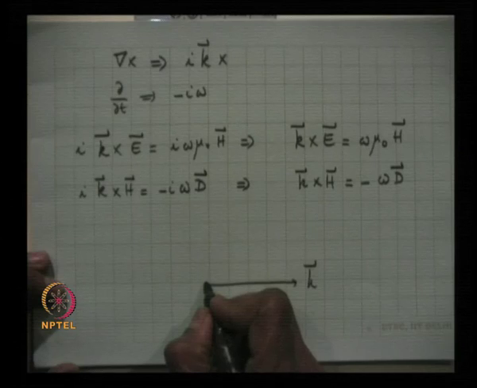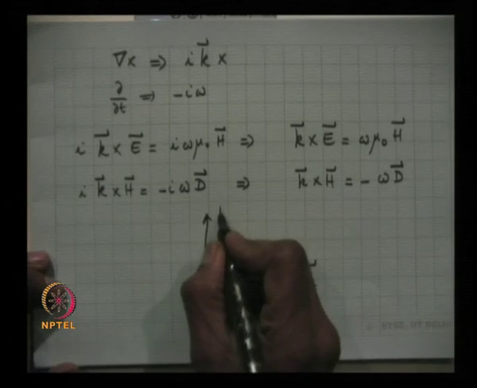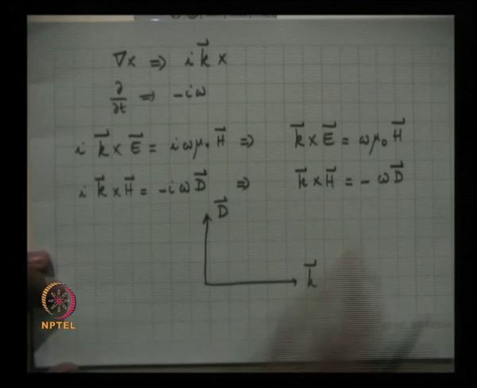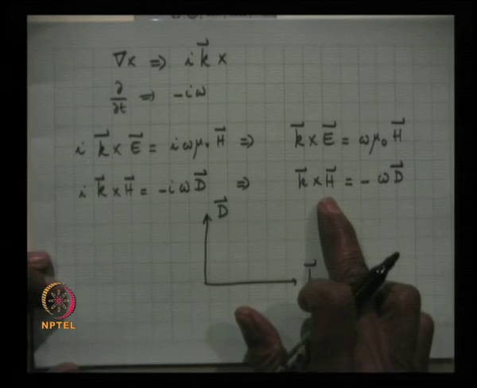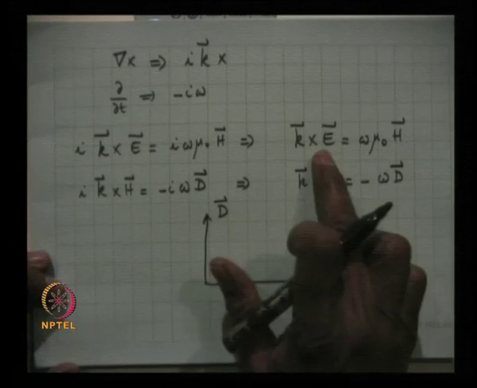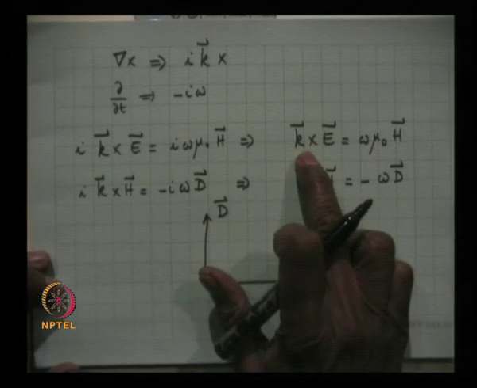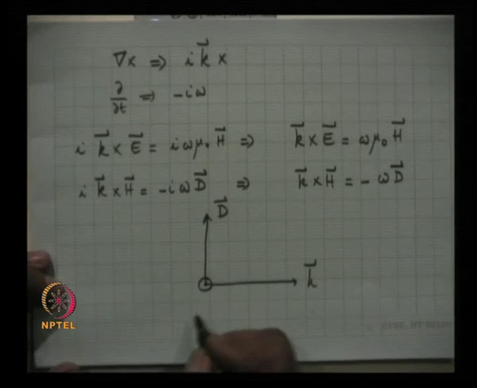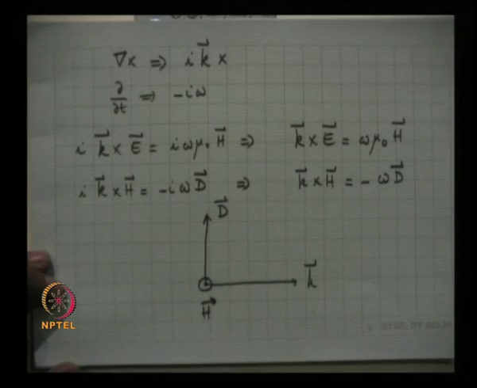So, let me draw a D here. The second equation also tells me H is perpendicular to D, and H is also perpendicular to k from the first equation. So, it has to be out of this plane. K cross H is minus D. So, I am just plotting the H vector towards me.